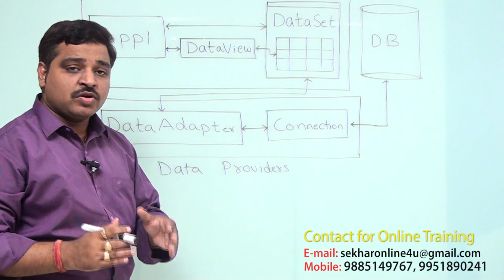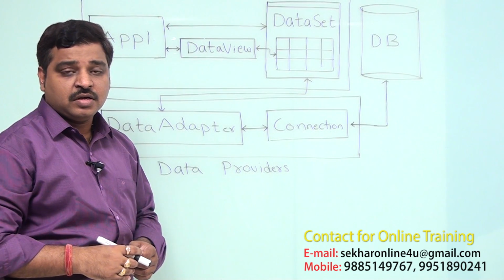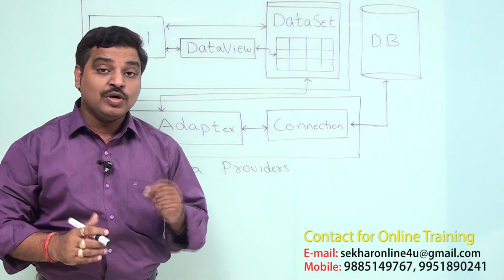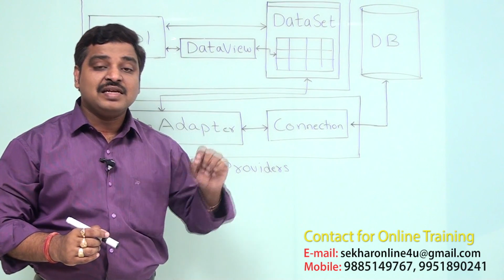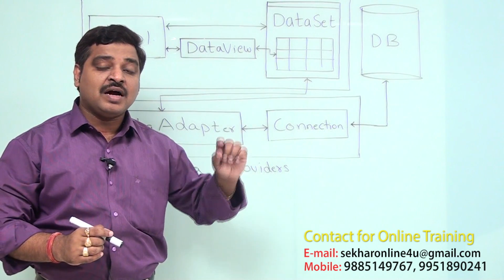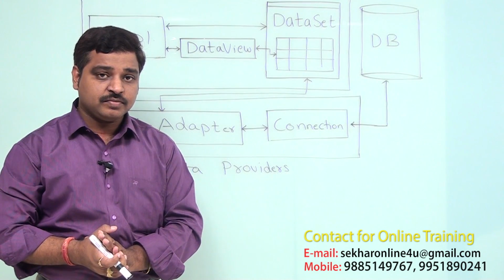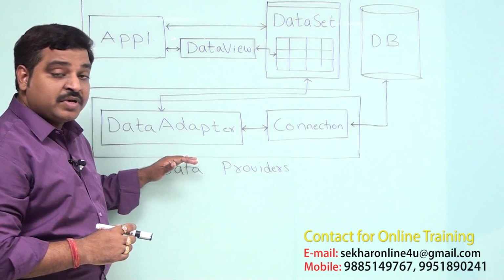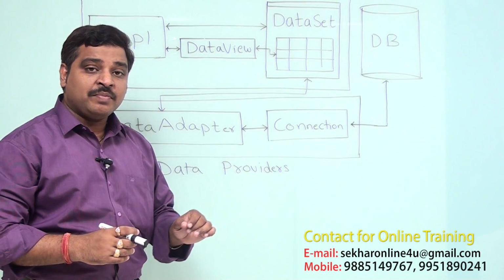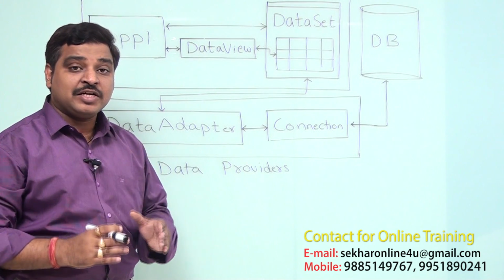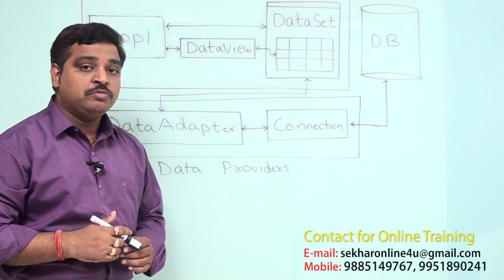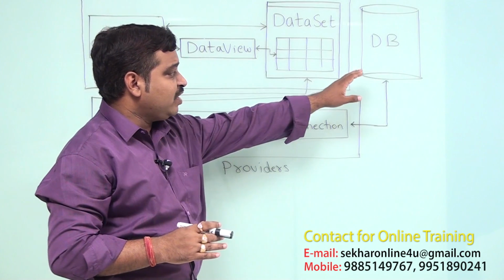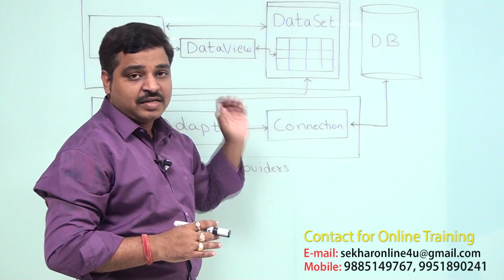Now let's try to understand in detail what a connection, adapter, data set and data view are. When we say connection, I already mentioned that a connection is used to establish the physical connectivity between the application and database. A data adapter is a collection of command objects which is used for interacting between the database and dataset.